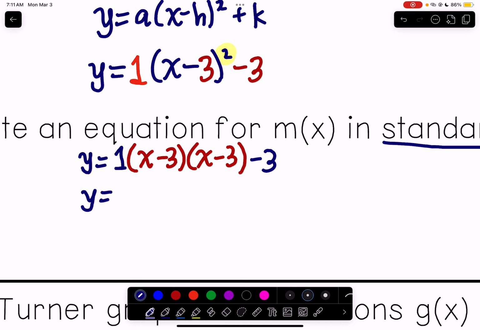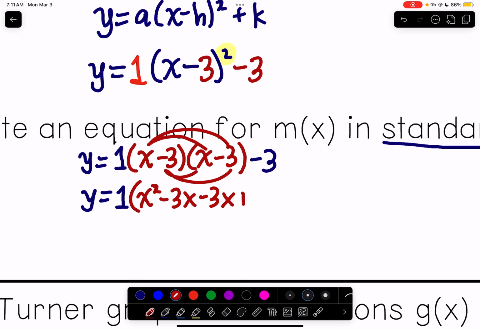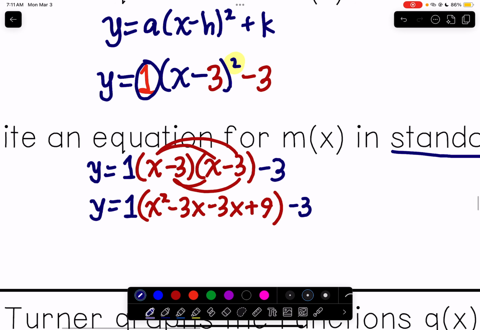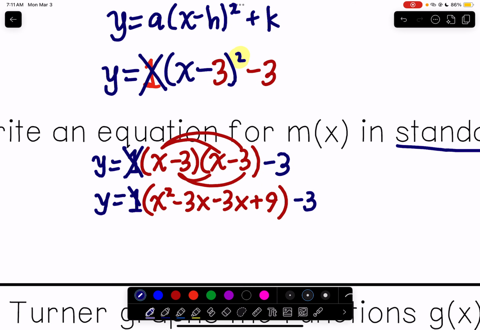So y equals 1 times x squared minus 3x, positive 9, minus 3. And if you're asking yourself whether you even need the 1 right here, no, you do not.